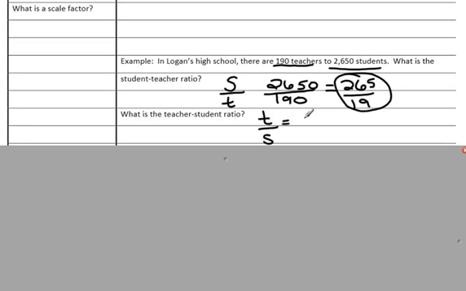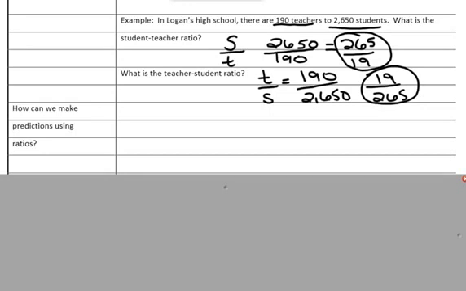So we would have 190 teachers to 2,650 students, which 190 divided by 2,650 is going to be the same ratio, just reduced in the reverse order. So it would just be 19 to 265.